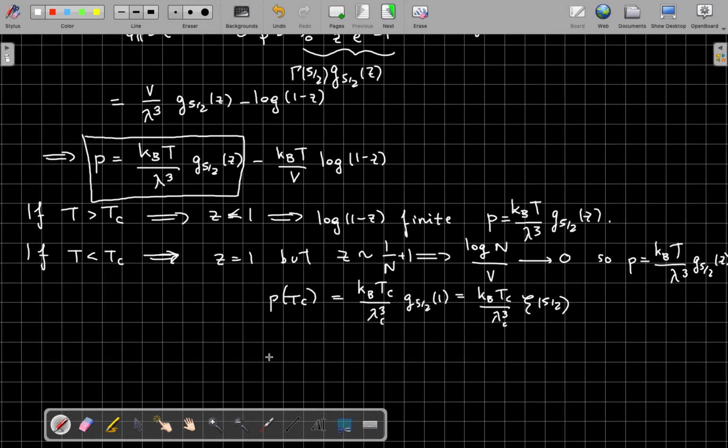And even if we're below the critical temperature, z is still going to be equal to 1, and so we're still going to find kBT over lambda cubed zeta of 5/2. So the behavior of the pressure is going to be that of temperature to the 5/2. Good.